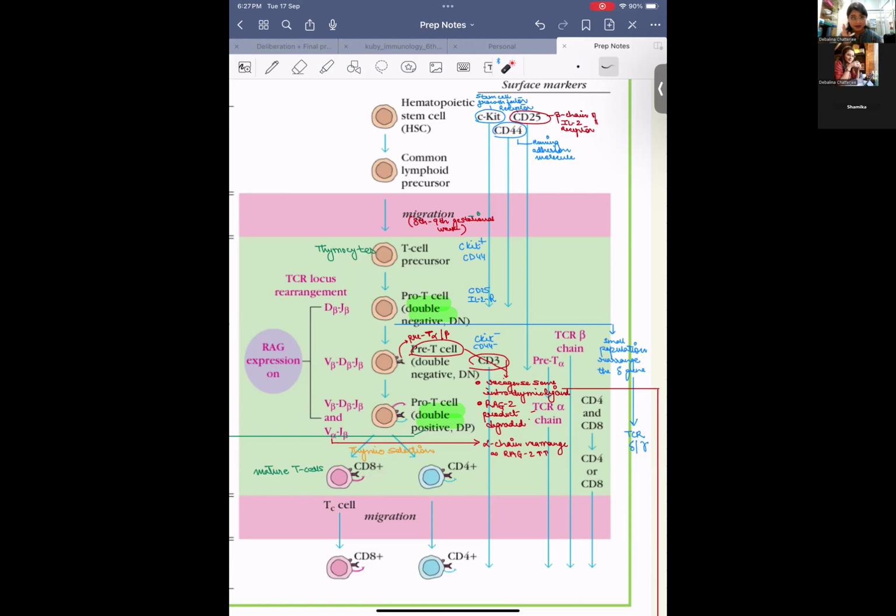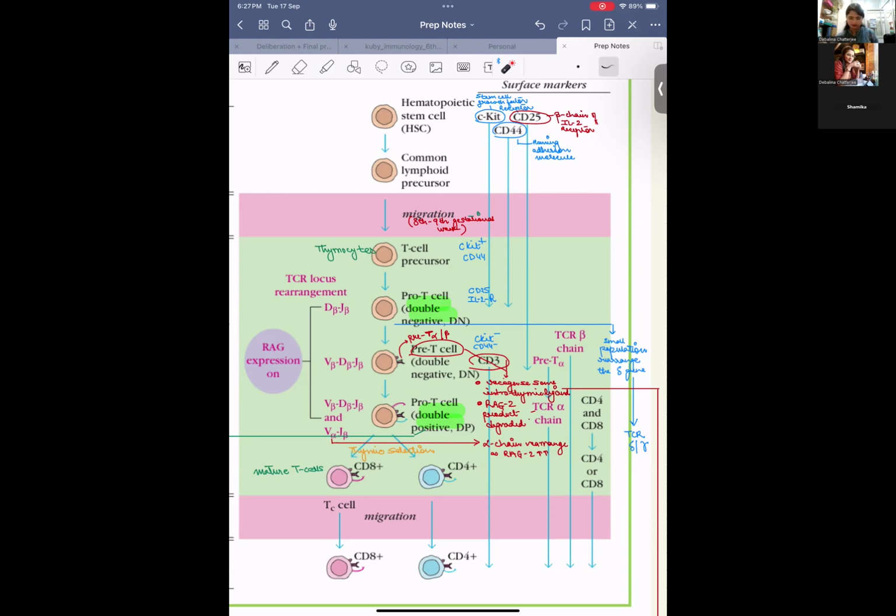But there comes a transient period where we have both of these co-receptors present on the same cell. That stage is referred to as the double positive stage. Prior to that, when both of these co-receptors are absent, that cell is called the double negative cell.